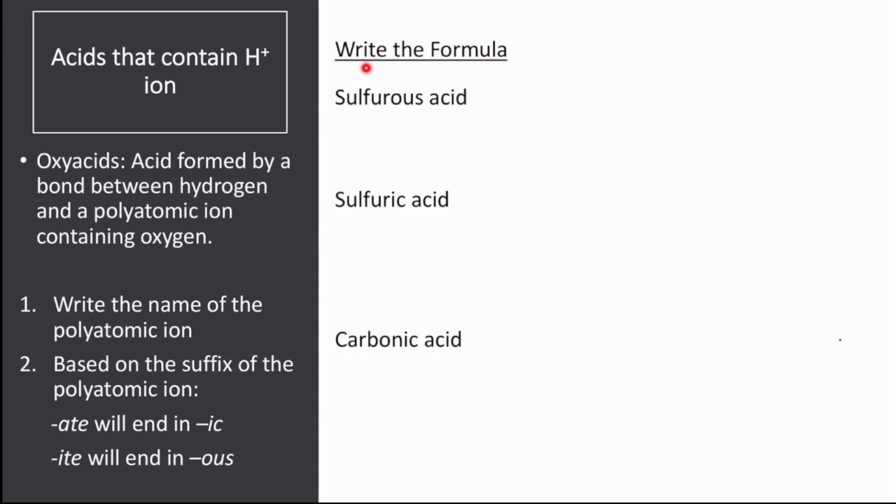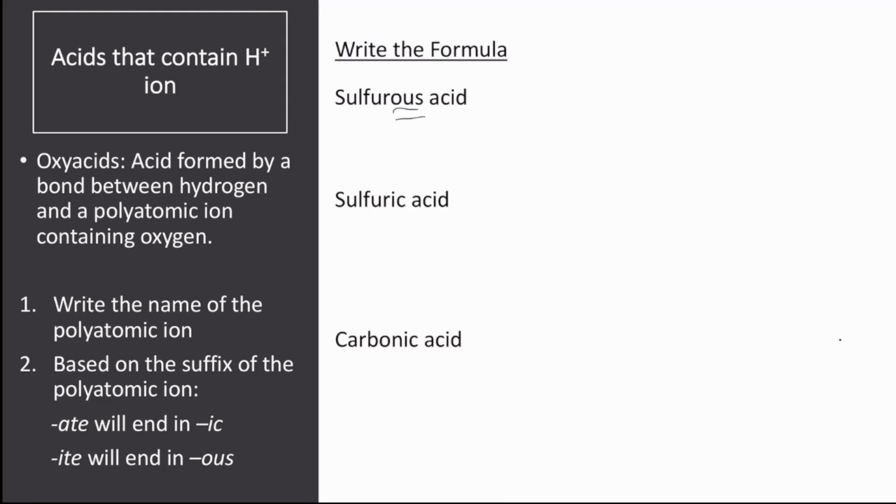Lastly, we can write the formula of these oxyacids based on their names. To do that, we must follow these indications but backwards. As an example, we have sulfurous acid. So we look at the suffix ous. That means that this acid contains a polyatomic ion that contains sulfur and has its lower oxidation state.